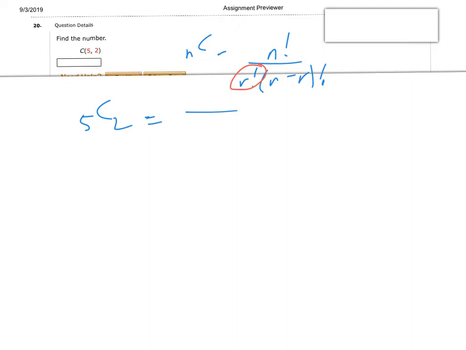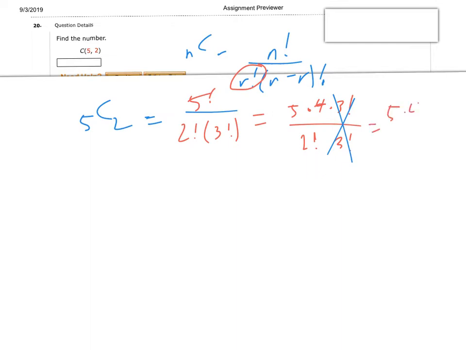So I'm going to do 5 factorial on top over 2 factorial times 3 factorial. I'm going to expand the top only until I get to the 3 factorial. I always do the bigger one so I can cancel that out. That still leaves me with a 2 factorial on bottom, which is really just 2 times 1. So you can cross cancel a little more, and that should come out to 10.